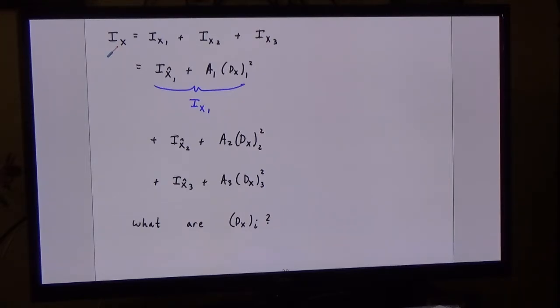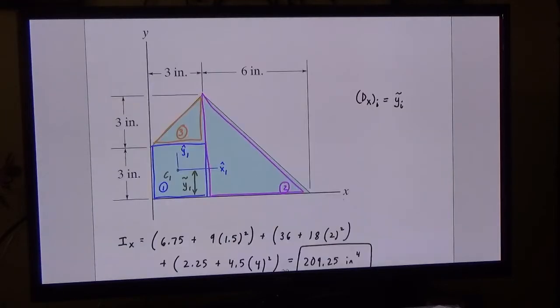So what it would look like for I about y. For I about y, we have, first of all, the composite area equation. We have the moment of inertia about the y-axis for each of the parts. And then, for instance, for part number 1, we don't have moment of inertia about y.